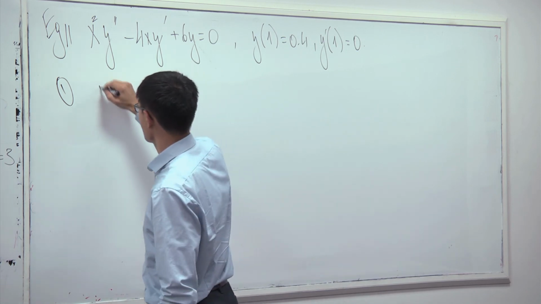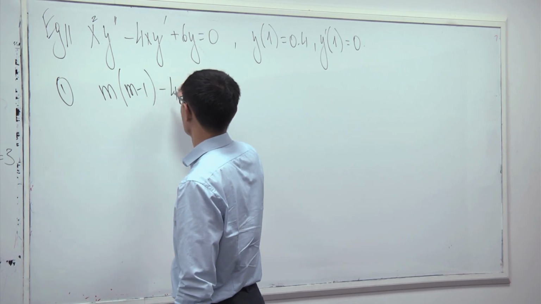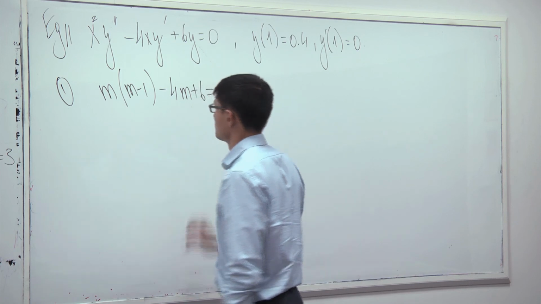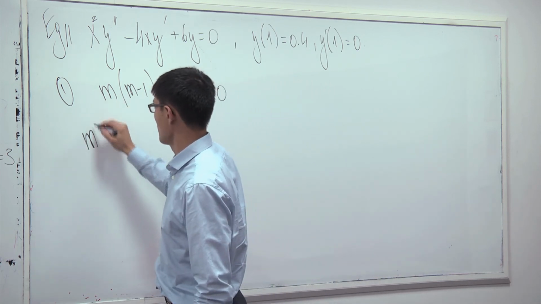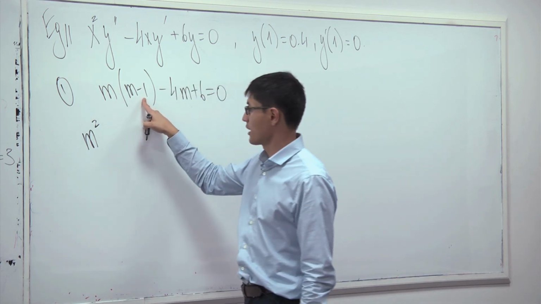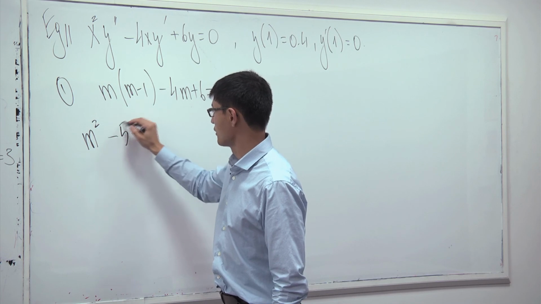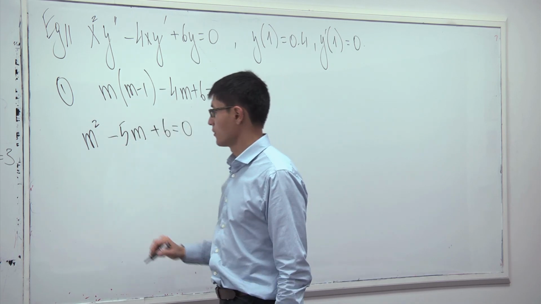So the characteristic equation would be m times m minus 1 minus 4m plus 6. So if I simplify, m times m is m squared. M times minus 1 is minus m. With minus 4 gives us minus 5m plus 6 equals 0.